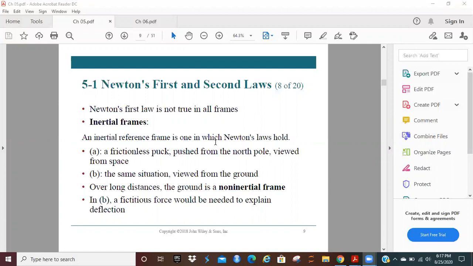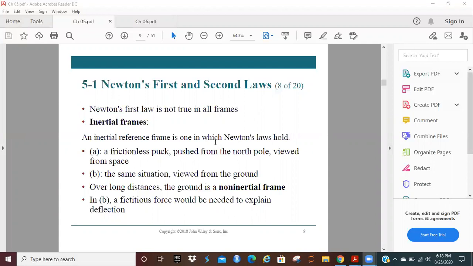All right. Newton's first law is not true in all reference frames, so there's something here that we need to discuss: an inertial reference frame. This is classified as a reference frame in which Newton's laws are indeed valid. Some examples: a frictionless puck pushed from the North Pole viewed from space is considered fine.